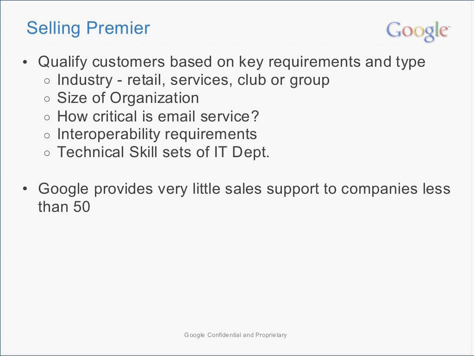You won't have that available with the Standard Edition. You can get IMAP and POP email on some mobile devices for sure, but you won't have the push email like you do with ActiveSync that's available only on the Premier Edition. So there are huge differences between what we can offer to Premier and what's available through the Standard Edition.